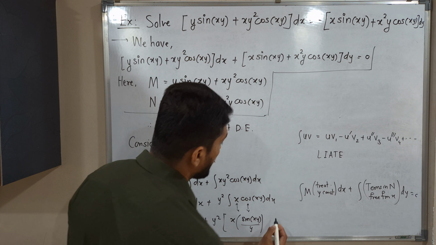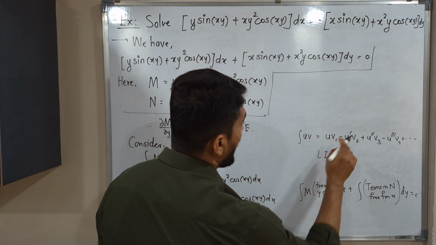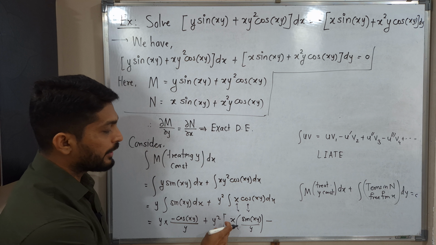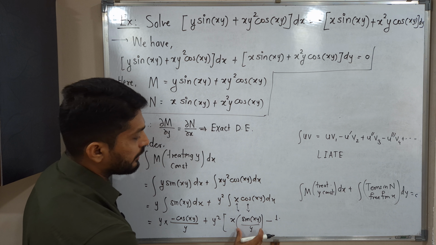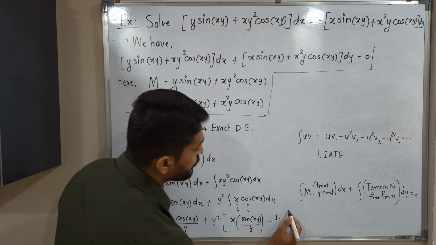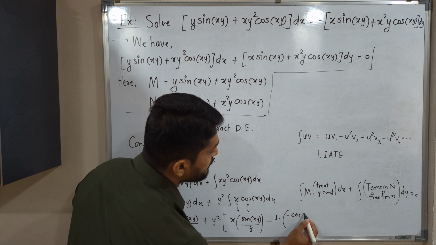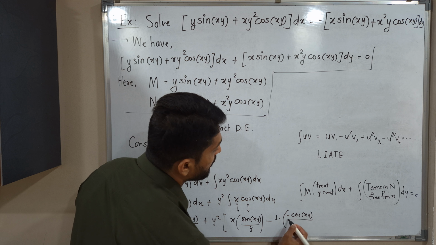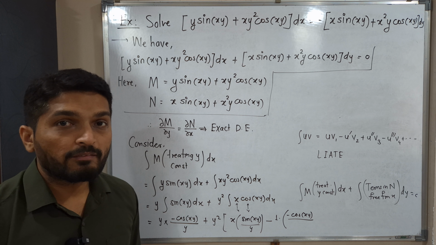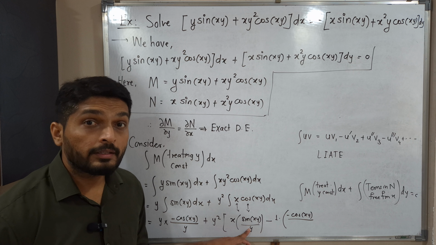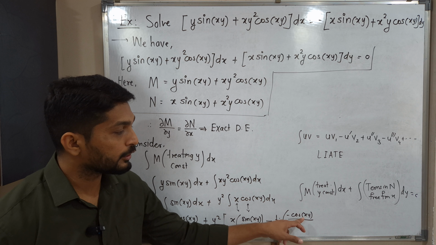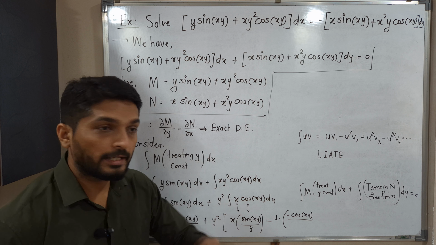After that, we have this minus sign. u dash, the derivative of u, derivative of x, which is 1. v2 is one more integration of this v1. Integration of sine is minus cos xy, and one more y will come out in the denominator. One y is already there because of the first integration, so one more y will come in the denominator.